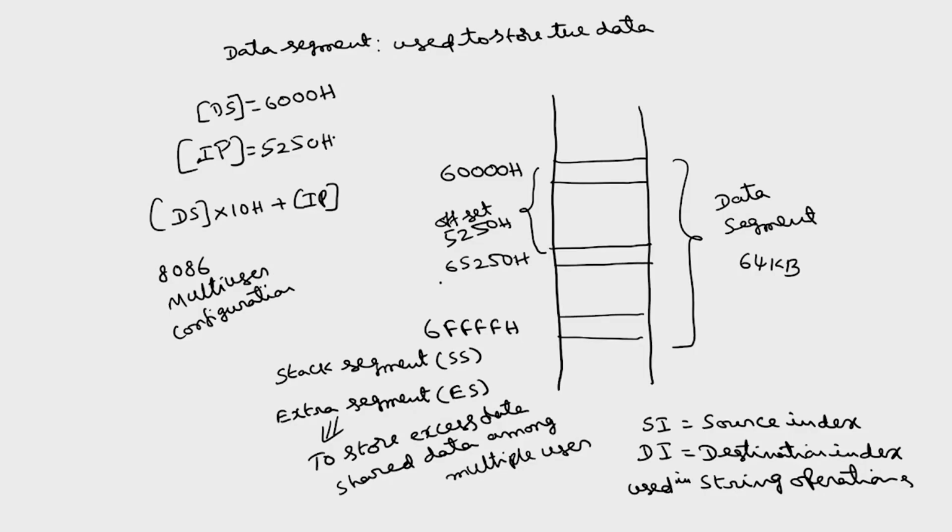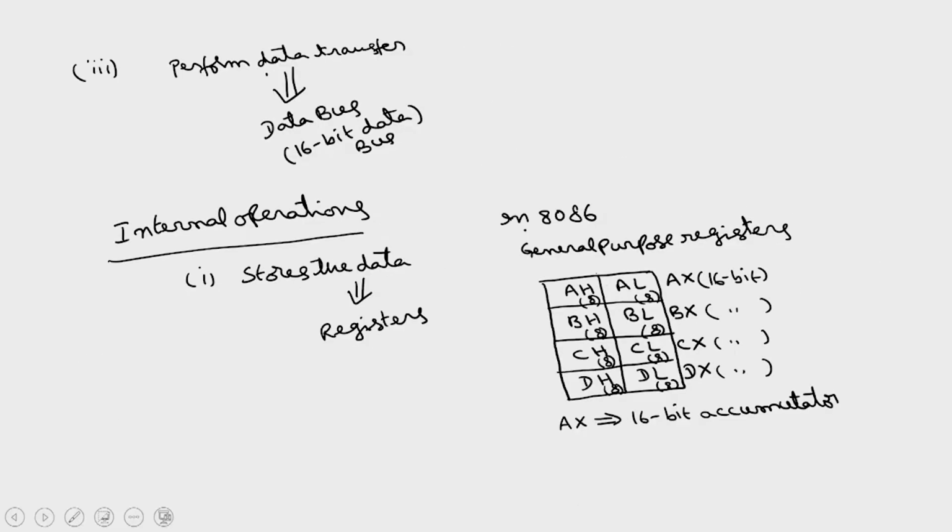So these are the different registers that are available in the 8086. All these registers are required. We are now discussing the second microprocessor operation, which is internal data operations. The first internal data operation is storing the data. The second internal data operation is performing arithmetic and logical operations.